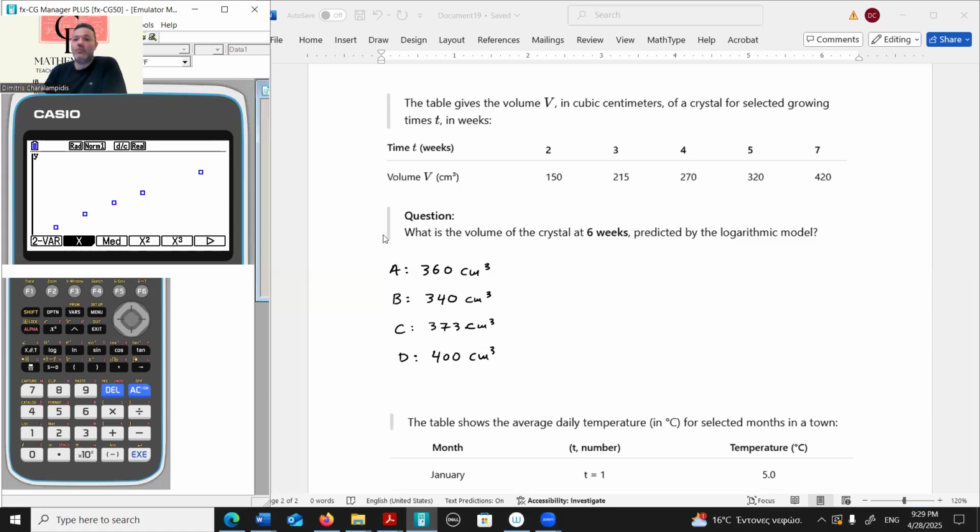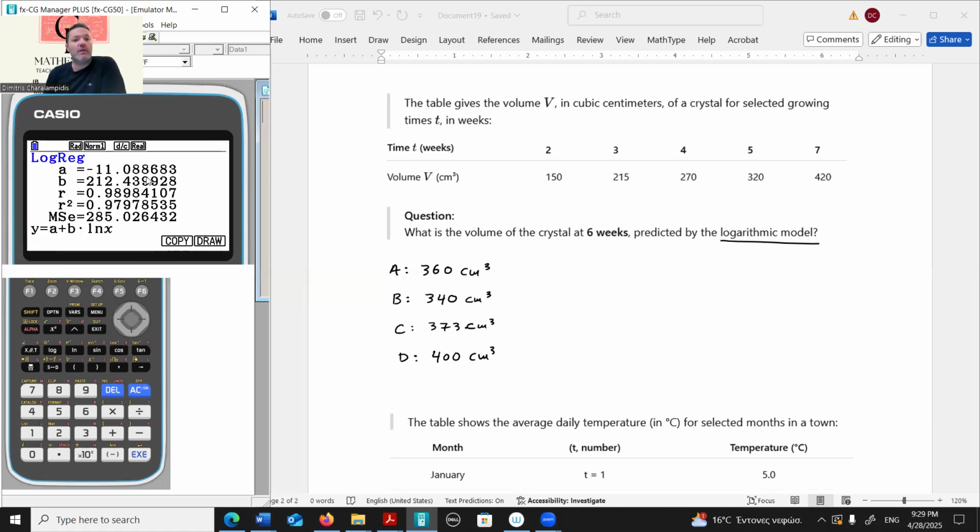Now we will select the needed model. The model this time is the logarithmic one. We have x squared, x cubed. We need F6 for more options. Logarithmic, F2. These are the given values, everything that we need to determine the actual equation of that, but we don't need this. We will just draw it. There it is.